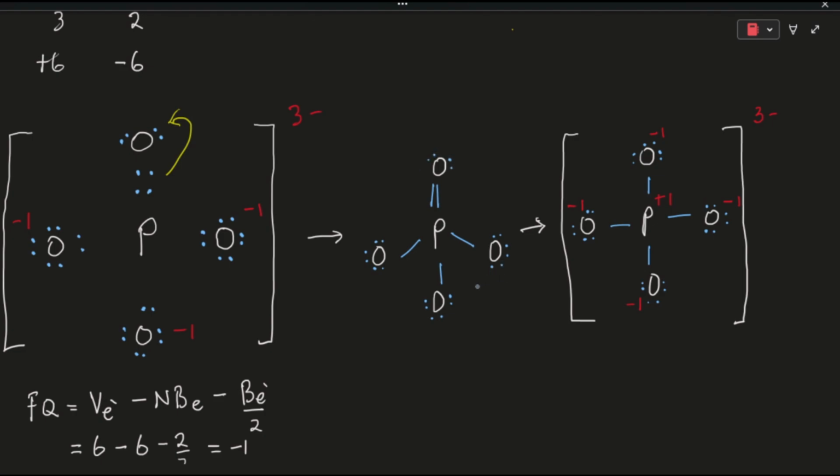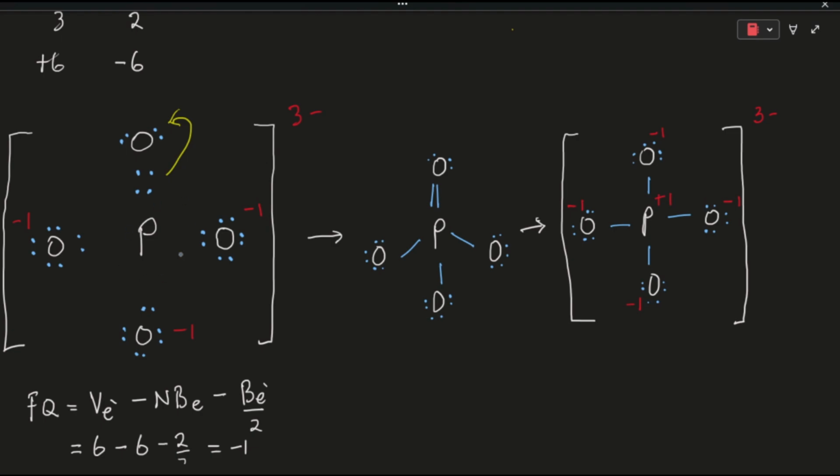Now, if we are to consider these two Lewis structures, which one is more stable? Both of them are acceptable as Lewis structures for phosphate, but which one is more stable? Now, this one is more stable. Whenever we have two or more Lewis structures for a particular polyatomic ion, the one with less separation of charges is considered the most stable.